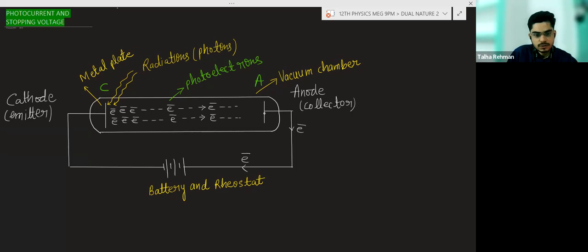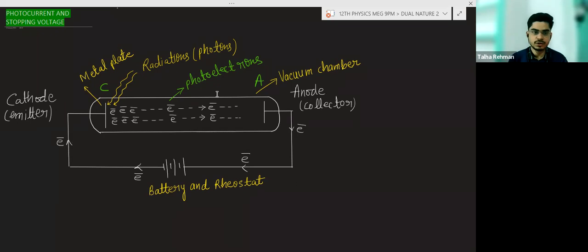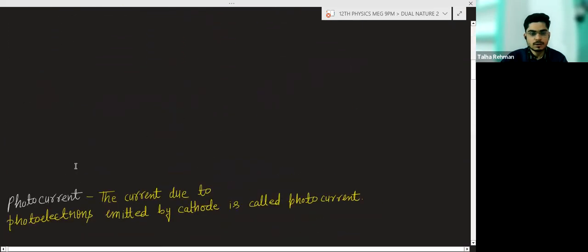So due to the motion of these photoelectrons, there will be a current. That current is known as the photocurrent. You can see here: the current due to photoelectrons emitted by the cathode is called photocurrent.